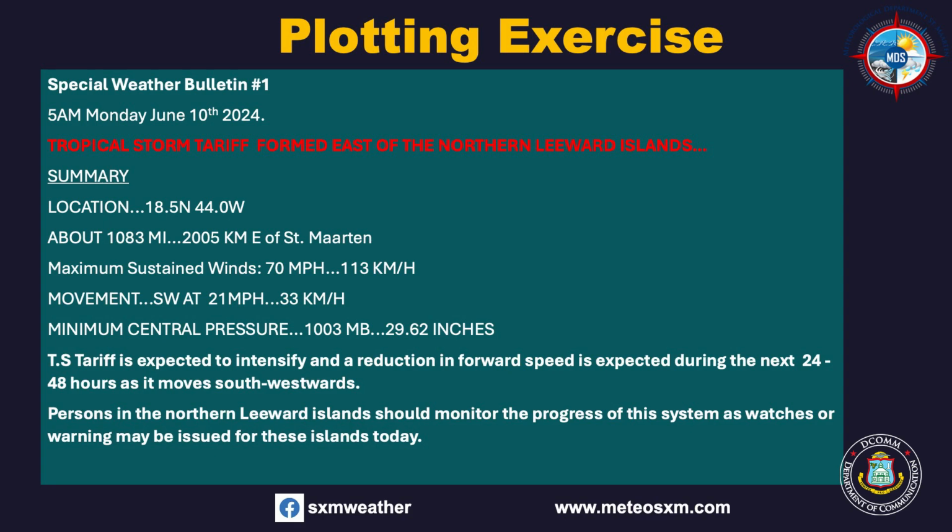The minimum central pressure tells you how strong it is. The larger the number, the weaker it is. The smaller the number gets, the stronger it is. So the minimum central pressure is 1,003 millibars. And the comments below, you have to note carefully. Tropical Storm Tarish is expected to intensify with a reduction in forward speed. What does that mean? It's going to slow down. And when it slows down, what happens? It intensifies, gets stronger.